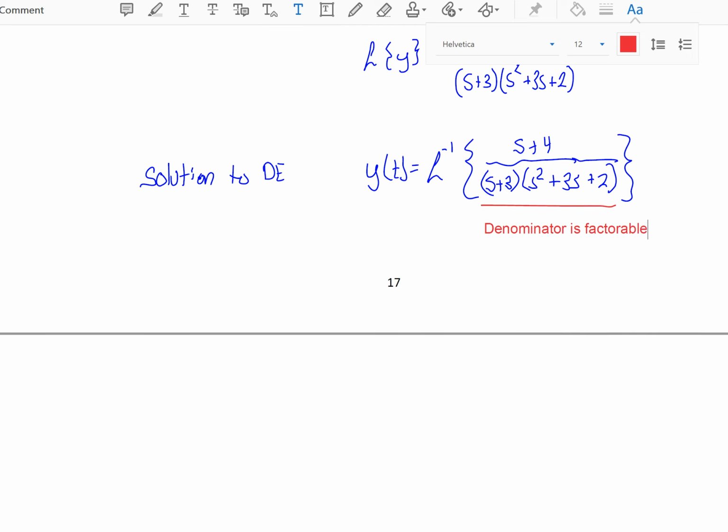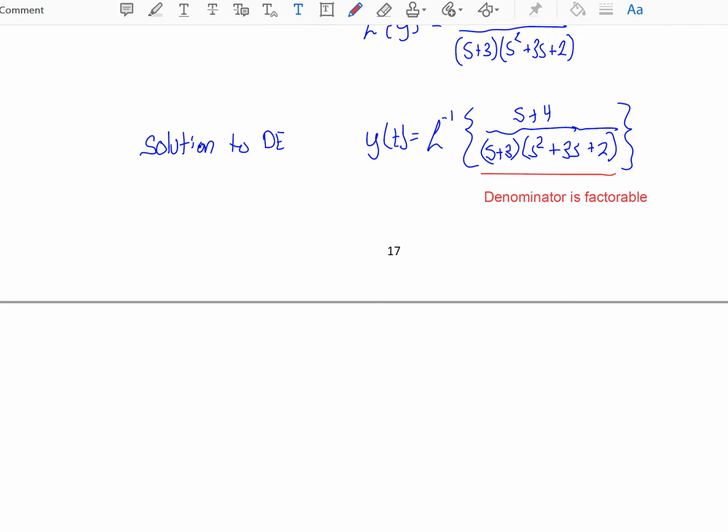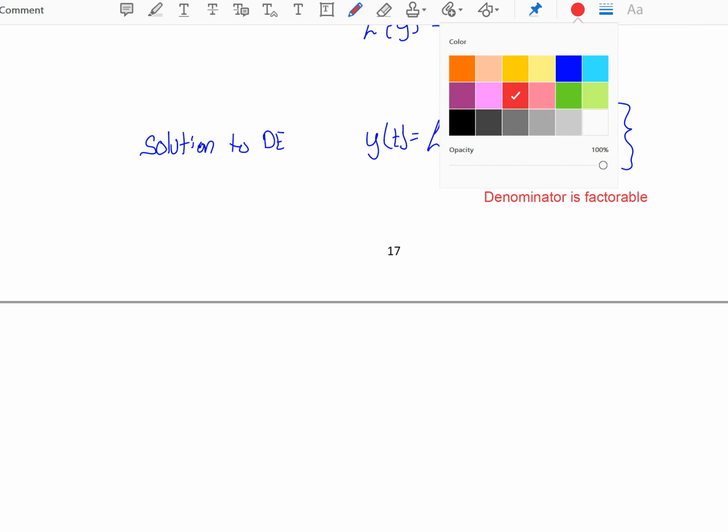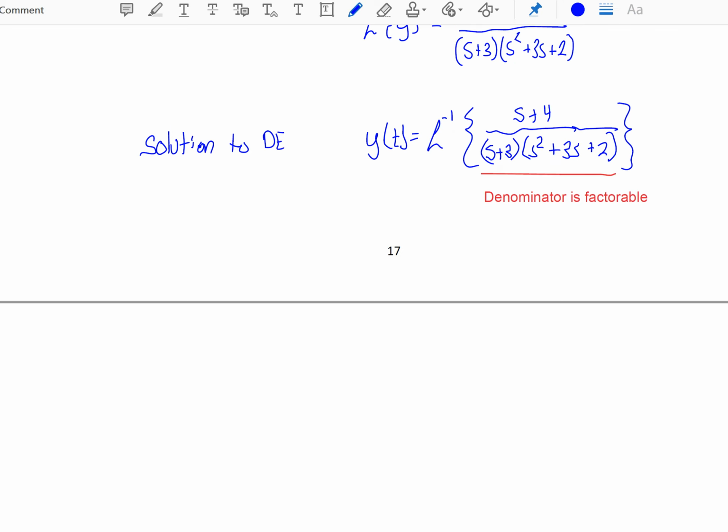Let's apply the method of partial fraction decomposition to rewrite our fraction as distinct linear factors. There's three different terms.